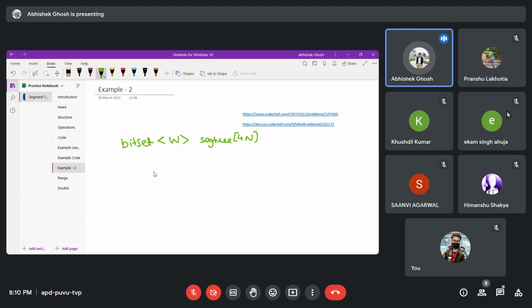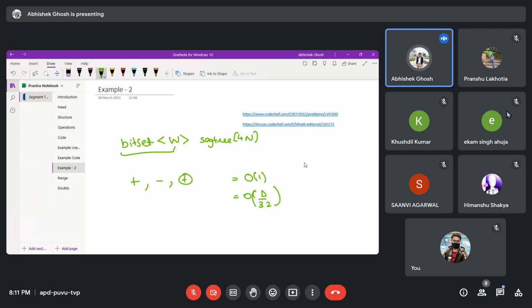The complexity of each operation, which I was talking about earlier, the merging part: the merge was earlier addition, subtraction, XOR, all of these were order of one operations. But when you're merging using bitsets, it will be an order of D by 32 operation. Why D by 32? It actually depends on the architecture you're working on. It can be D by 64 as well, but it is preferred to take D by 32.